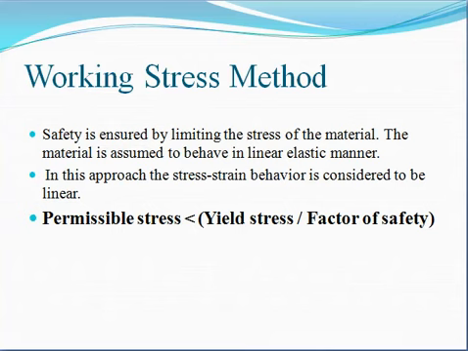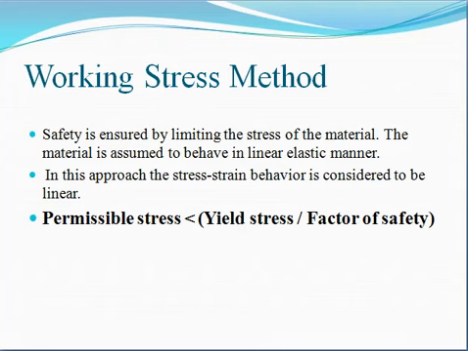With the development of linear elastic theory in the 19th century, the stress-strain behavior of material is considered as linear till the yield stress. To take care of uncertainties in the design, permissible or allowable stress is kept as a fraction of yield stress by the ratio known as factor of safety, so that the members designed keep the stresses within the permissible value.